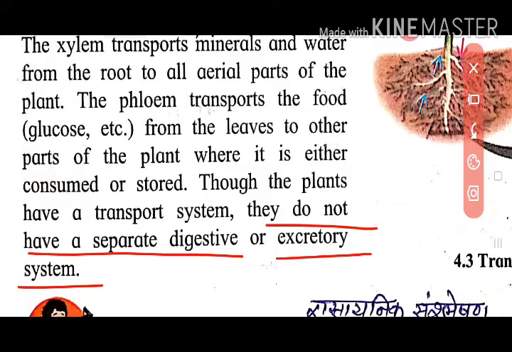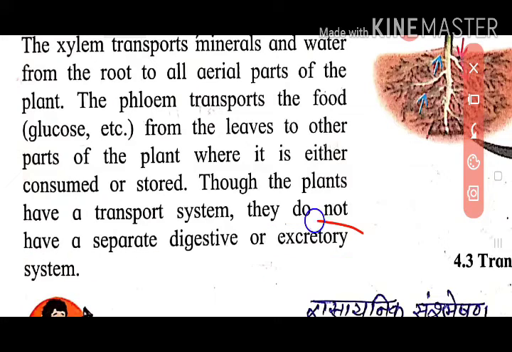Whatever we eat every day is digested, and undigested food is thrown out of our body by the excretory system. Both systems are present in all human beings and animals, but plants don't have them.